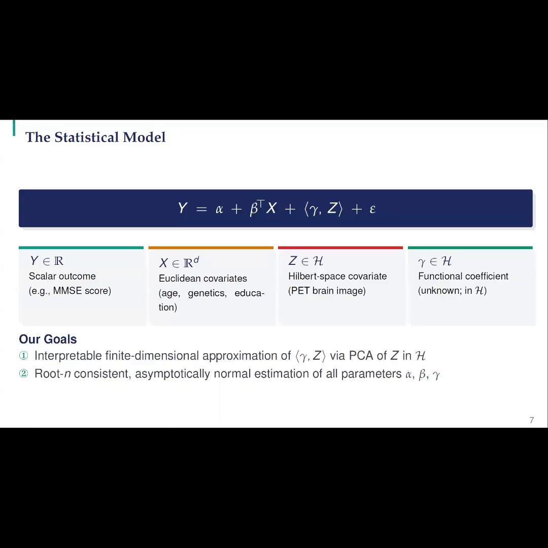Our goals are an interpretable finite approximation of the gamma prime z portion via PCA, principal component analysis of z in the Hilbert space. And we're also going to work towards a root n consistent asymptotic normal expansion of all the parameters, including the functional parameters that are in gamma. Because as we see later, gamma needs to be in the same space as z for this inner product to work.